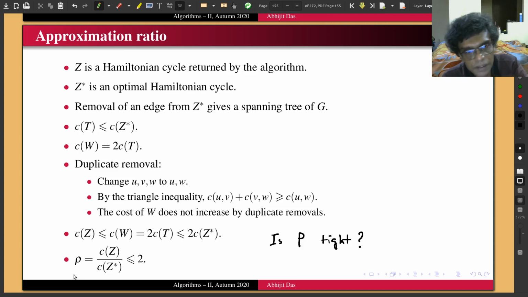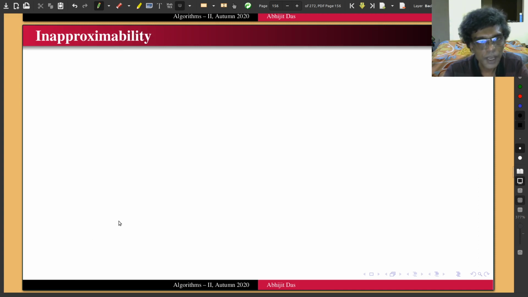Next, this is our second example, but I will show that no such approximation algorithm can exist unless P is equal to NP. So, this general traveling salesperson problem is not approximable. That is what is meant by inapproximability.